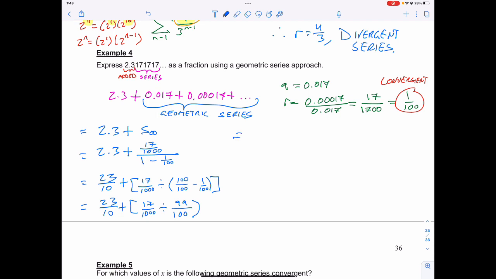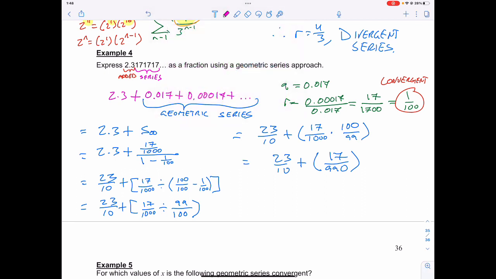That is going to equal 23 over 10 plus 17 over 1,000 multiplied by 100 over 99. Or 23 over 10 plus 17 over 990.